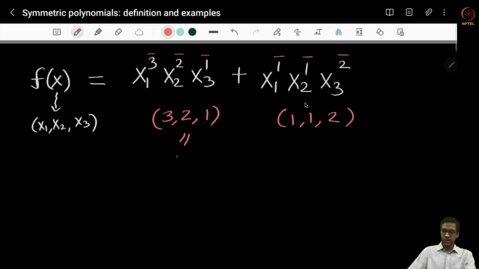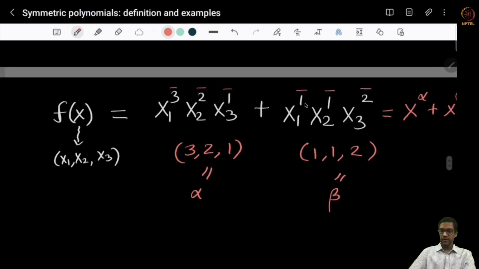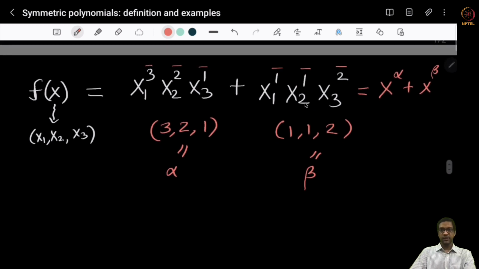So in other words, if you call this alpha and this beta, then the given polynomial is nothing but the sum of the monomials in our notation, x to the alpha plus x to the beta.